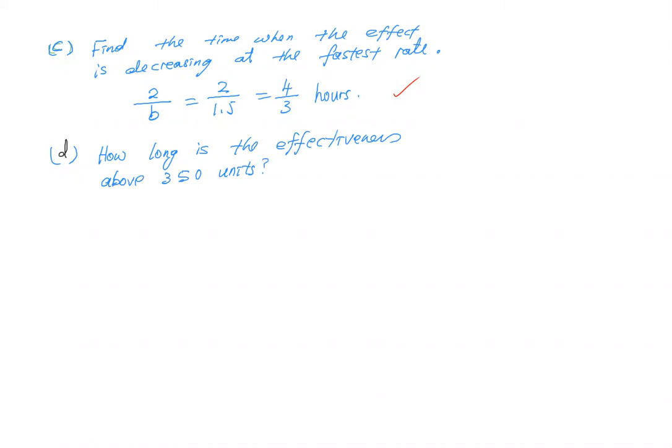So how am I going to do this question? What does this mean? That means my E(t) must be more than 350. How can I solve this using the graphical method? Just now we have this graph, right? We can use the calculator.